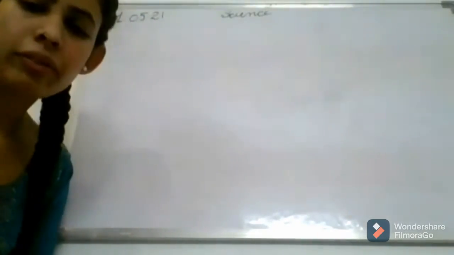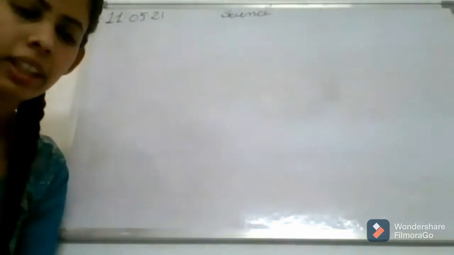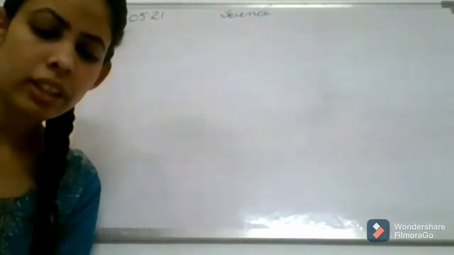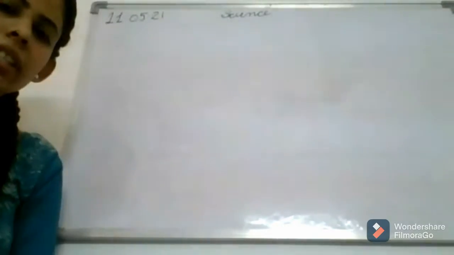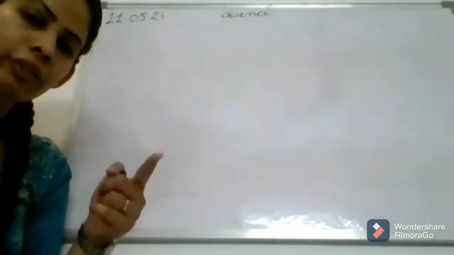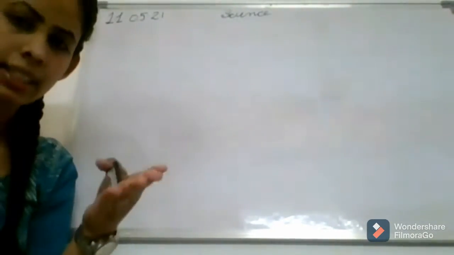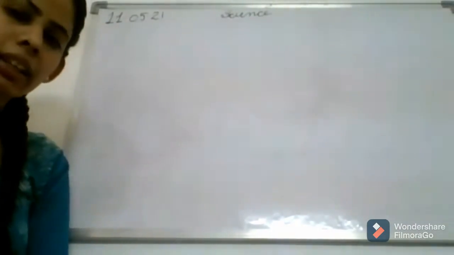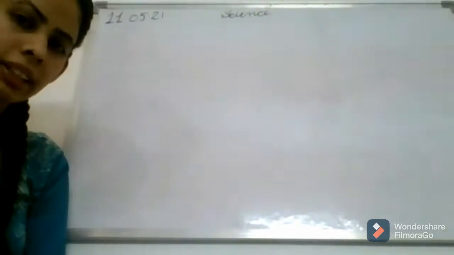Yes, students, what we have done till now is that we have discussed the story of transport, and then we have discussed how to measure the length of a table or any desk. We have measured the length of the desk with the help of gilli danda.